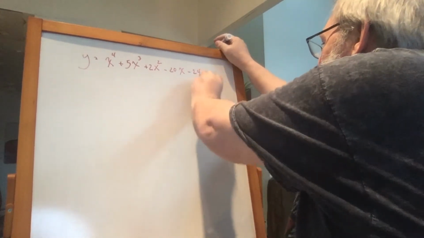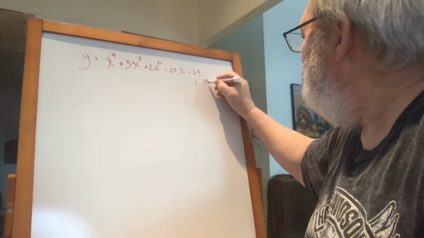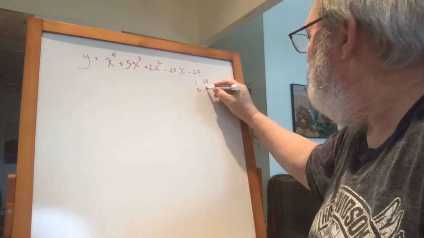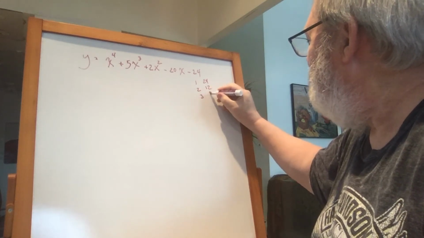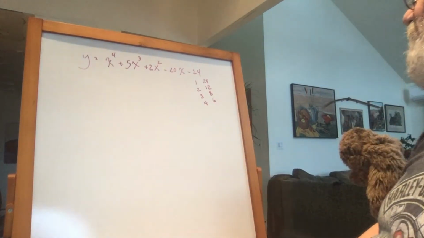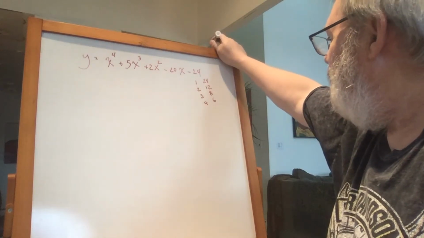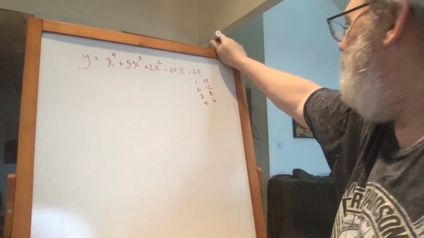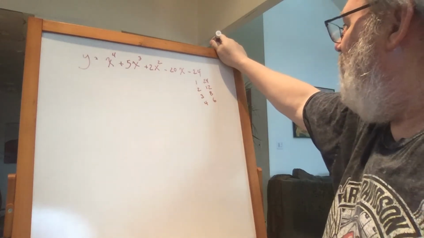We got 1 and 24, we got 2 and 12, we have 3 and 8, and we have 4 and 6. And so those encompass the different combinations or factors that can go into making 24.